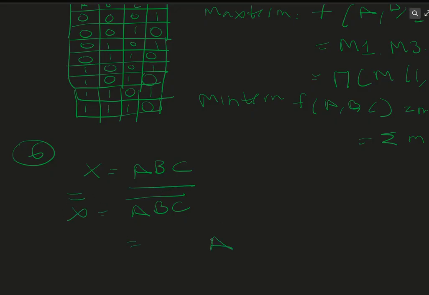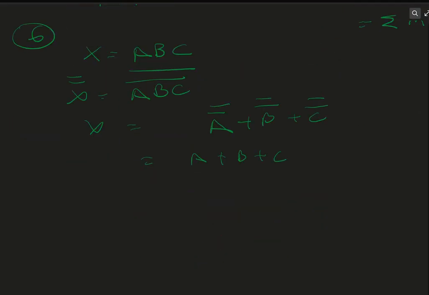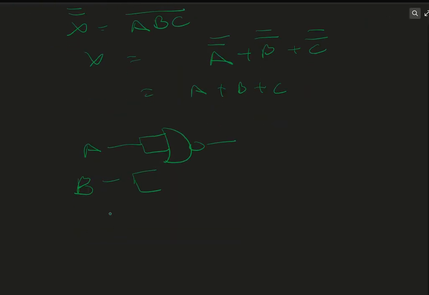So we'll get A double bar plus B double bar plus C double bar, X equals A plus B plus C. So we need to draw it using NOR gates. So we have to invert A, B, and C, and then we are going to add them up using another NOR gate.